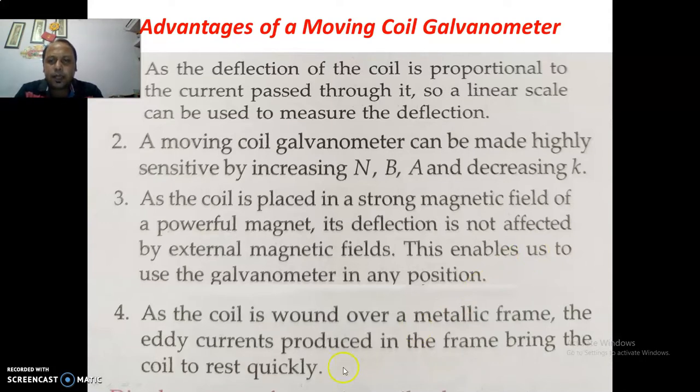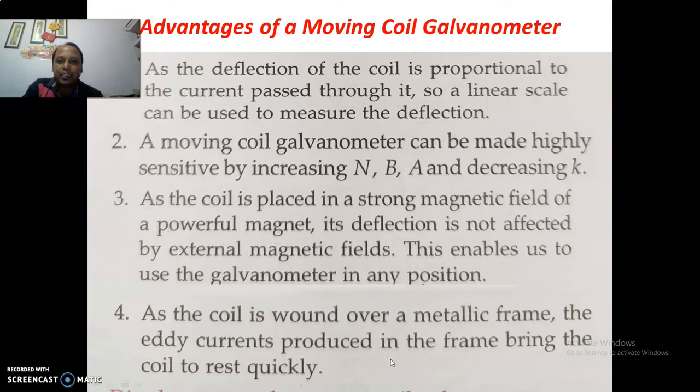And lastly, as the coil is wound around a metallic frame, the eddy current produced in the frame brings the coil to rest quickly. Now, the concept of eddy current you have not studied till now, which you will study in the next unit, that is electromagnetic induction. For short knowledge, I am just giving you a hint what exactly eddy current means. We have studied electric flux. In the same way, there is magnetic flux also.